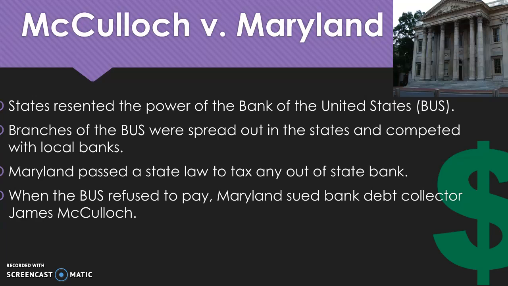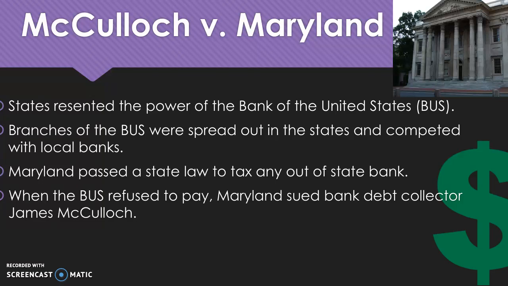Another significant case that was tried by the Supreme Court under Chief Justice Marshall was McCulloch versus Maryland. So the Bank of the United States was established in the late 1700s, and it's opening different branches around the country. But some individual states did not want that federal bank. They wanted their own local state banks.